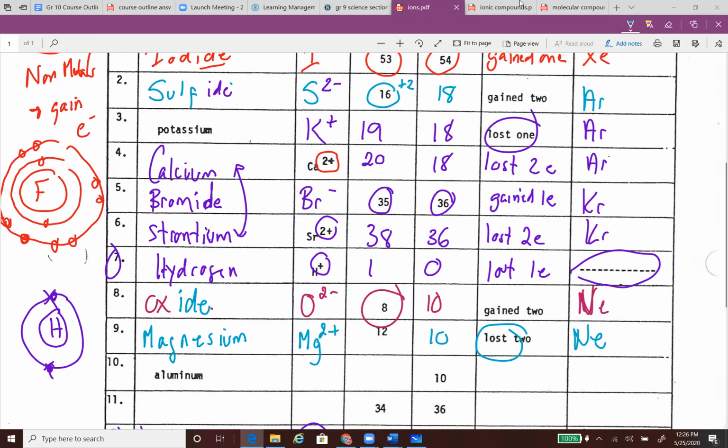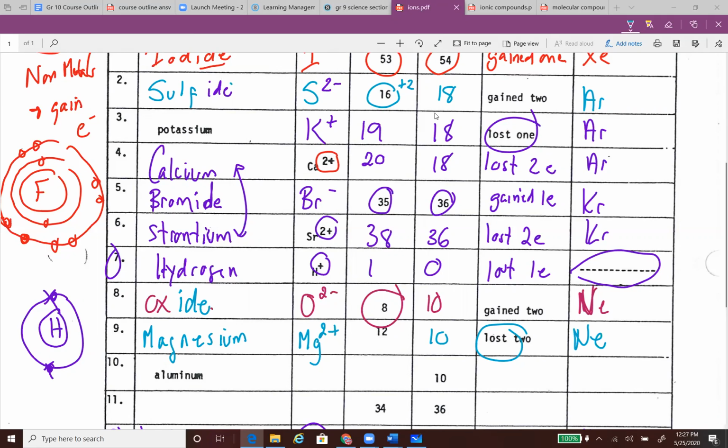There's a question in the chat. The only time we change the name is for the ones that pick up electrons, okay? That's when we change it. So for compounds that pick up electrons, the name changes to an IDE ending.